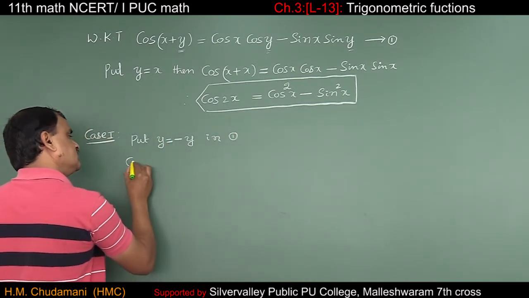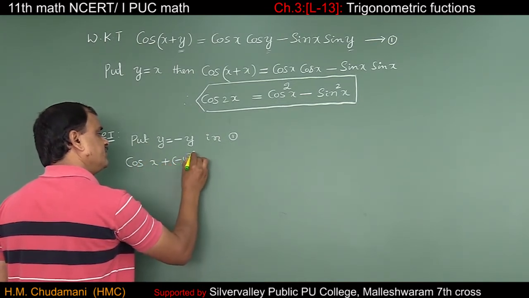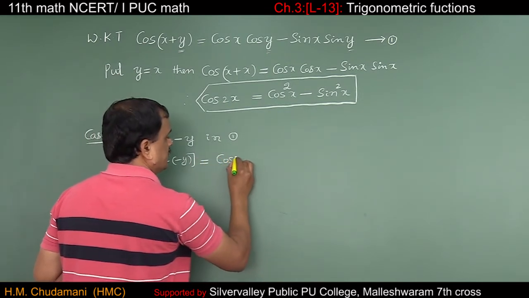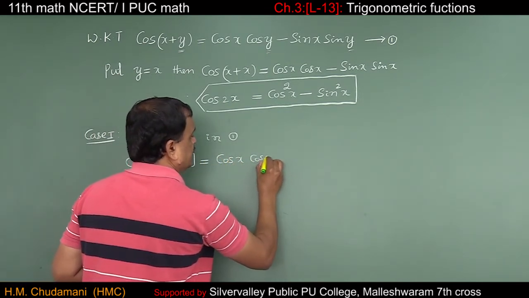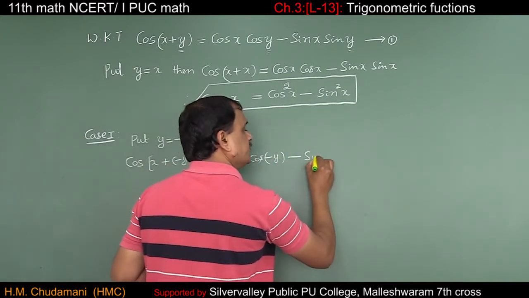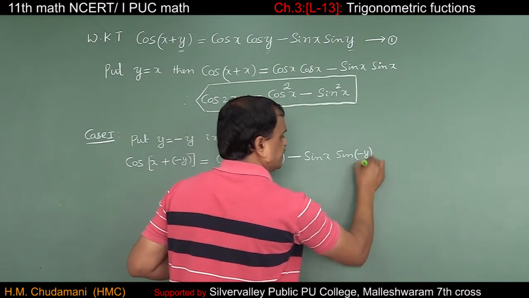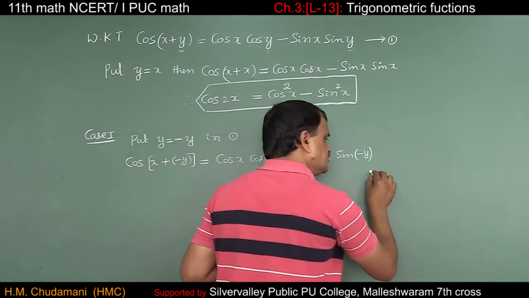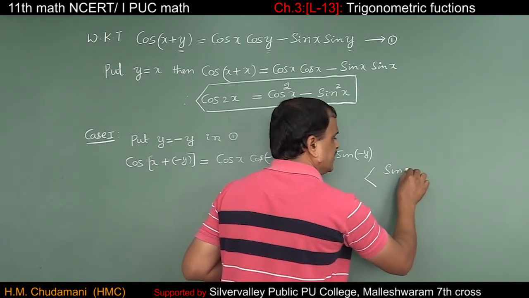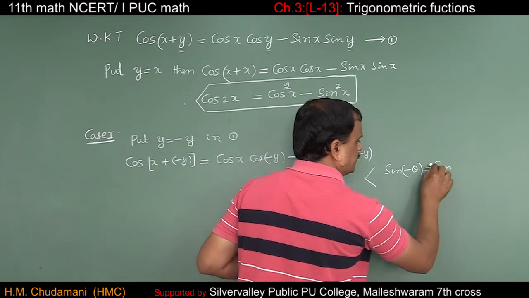We get cos of x plus, in place of y minus y, is equal to cos x into cos of minus y, minus sin x into sin of minus y. We know that sin of minus theta is equal to minus sin theta.